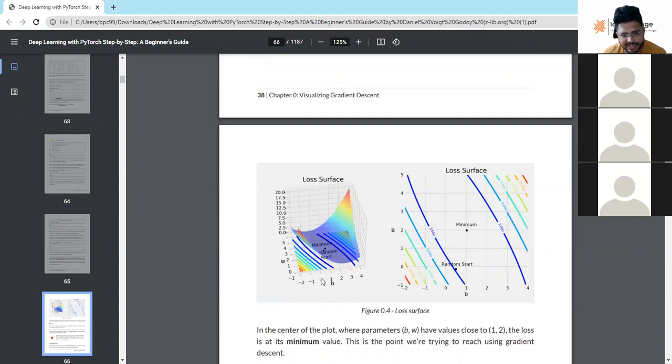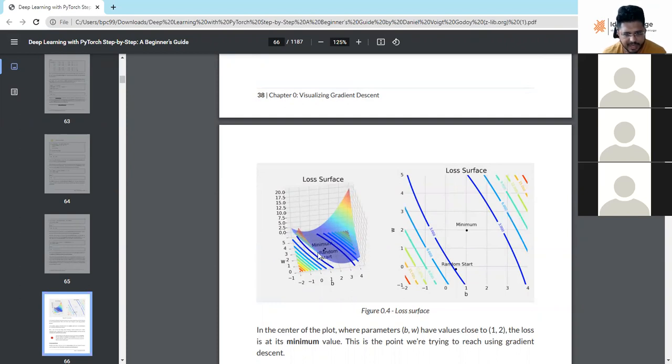The x-axis is B, the y-axis is W, and the z-axis is the loss. For certain values of B and certain values of W, we have a certain value of loss. If I plot this loss graph with a continuous range of B and W, then I will get a graph something like this.